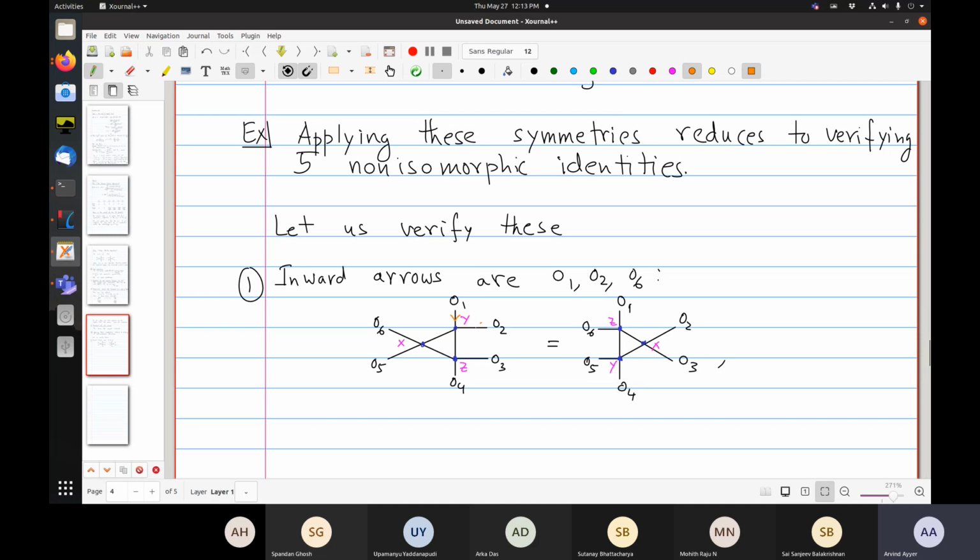So O1, O2, O6. Okay, and the rest outward. Outward, outward, outward. O1, O2, O6, O3. Please correct me if I'm making a mistake. It's very easy to make mistakes.